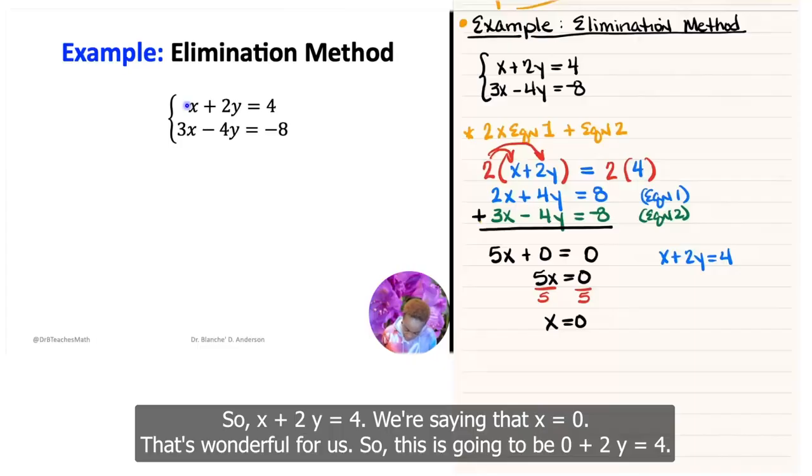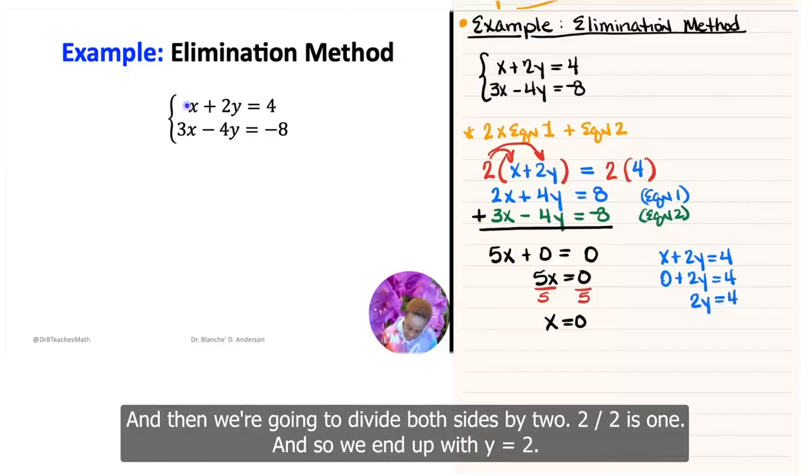That's wonderful for us. So this is going to be 0 plus 2y equals 4. Well, that's going to be 2y equals 4. And then we're going to divide both sides by 2. 2 divided by 2 is 1. I forgot to do my 1 here. And so we end up with y is equal to 2.